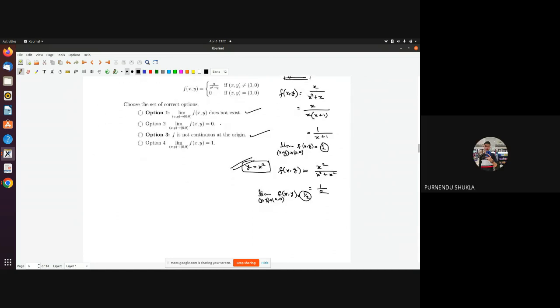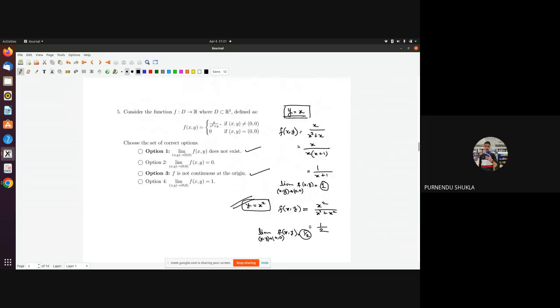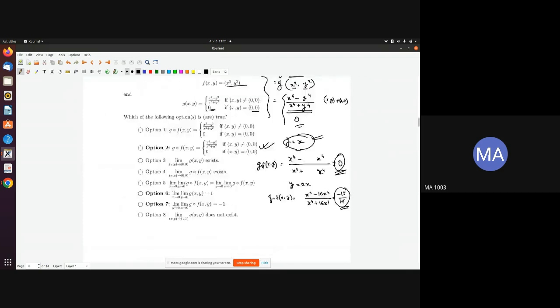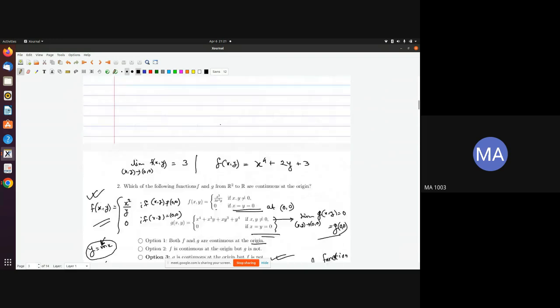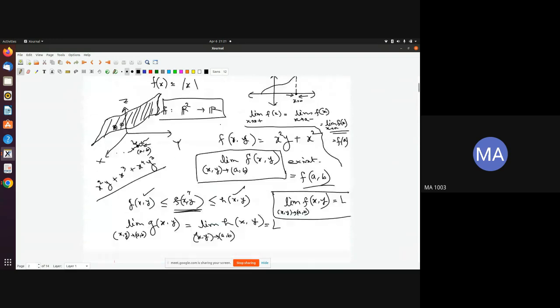Sir, have you explained the continuity part, how to check for continuity? Is it like how we have checked in the one variable case? It is exactly the same thing.